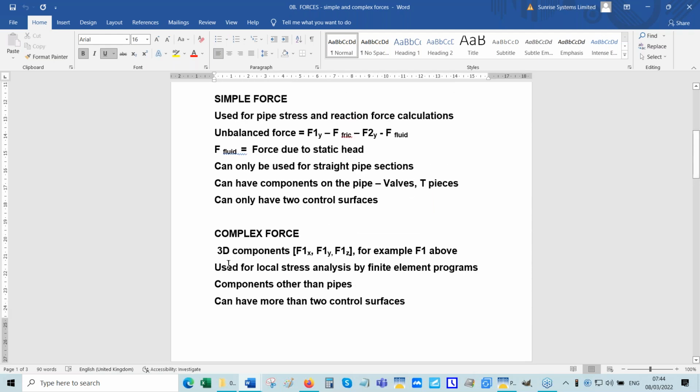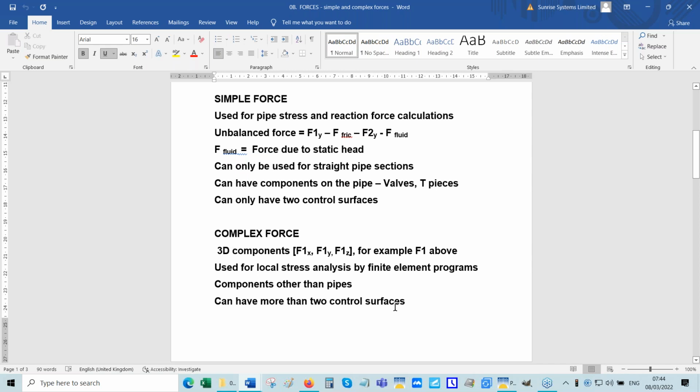A complex force is a force with 3 components. It's like the vector force F1 above. It's used for local stress analysis by finite element programs. It's not used by pipe stress programs. And it can be used for components other than pipes. For example, if you want the force on a valve, you may want to use a complex force.